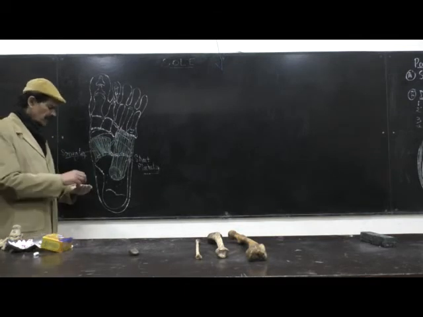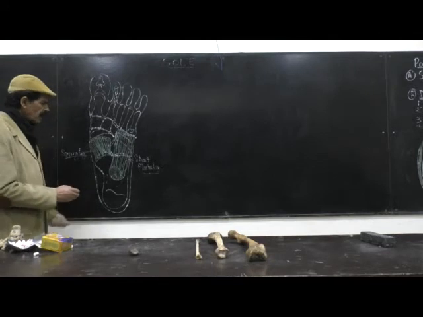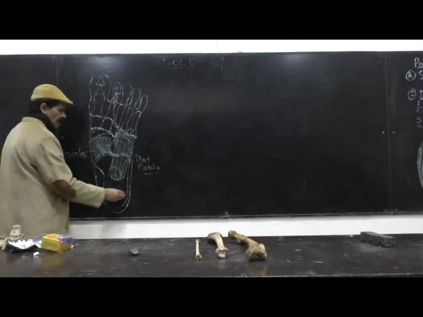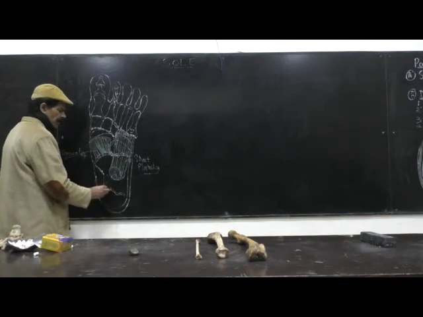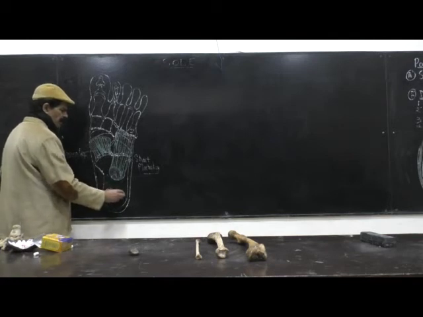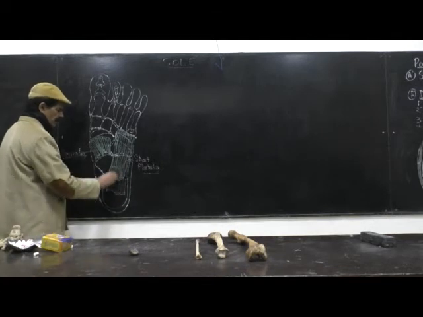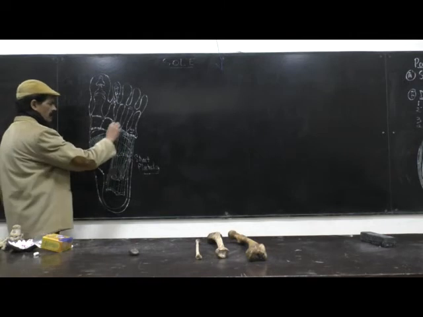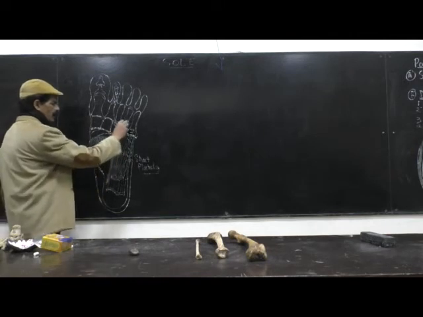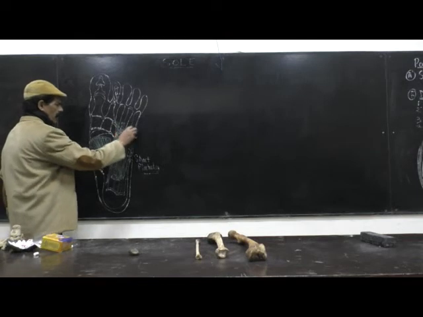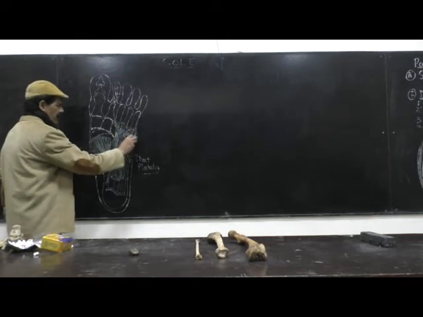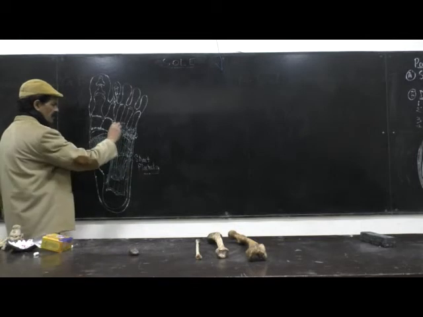And over it, there is another ligament which is attached to the calcaneal tuberosity, and it runs over the short plantar ligament, and anteriorly it is attached to the bases of the third, fourth and fifth metatarsal bones.